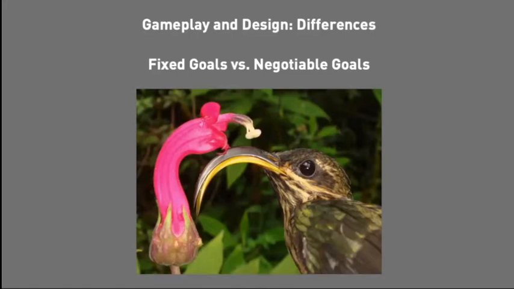In design, goals tend to be negotiable. Quite literally, when you open a box for a board game and you look at the instructions, the first sentence might start with "the objective of the game is," and then the end of that sentence is a non-negotiable goal that the players have to strive for by following the rules. So in gameplay, the goals are typically fixed.